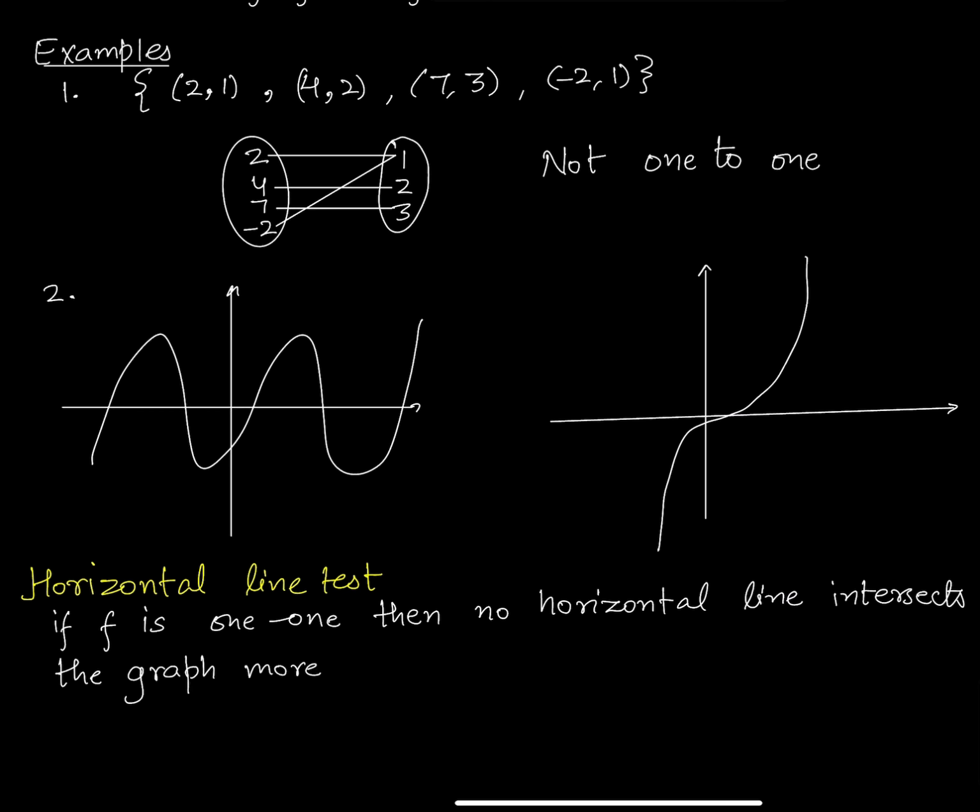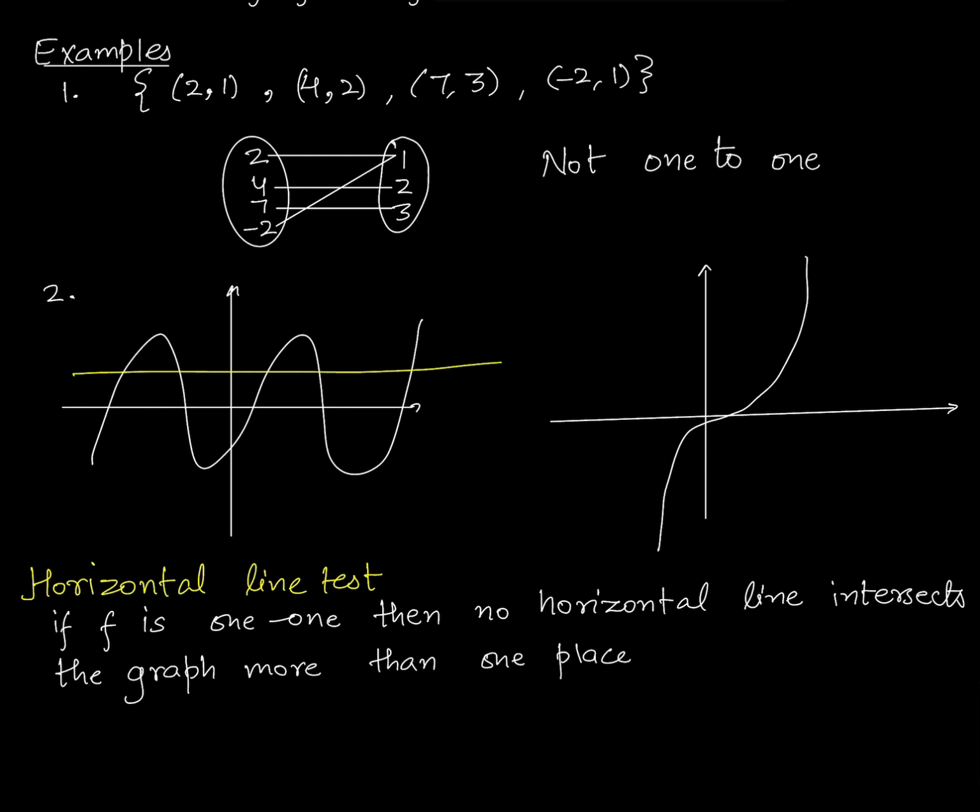To recall, to check if a relation is a function or a graph is a function, we draw vertical line. To check if it's one-one function, we are going to draw horizontal line.